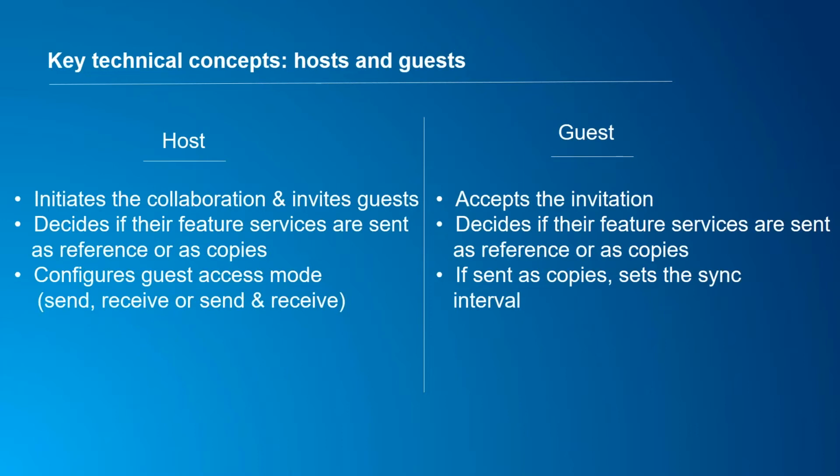A reference means that you're connecting to the link, but the data aren't moving, and in the copy, the data are actually moving, and then there's synchronization. And then the host also configures the guest access mode. So as a guest, will a guest be able to send data, receive content, send or receive, or send and/or receive, right? So any of those options, but those options are established by the host.